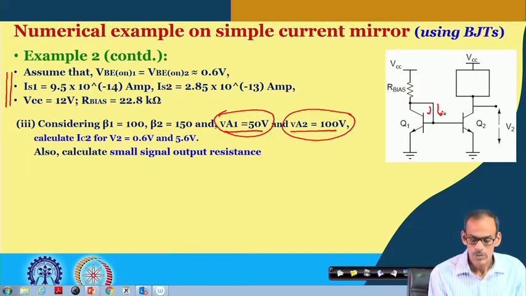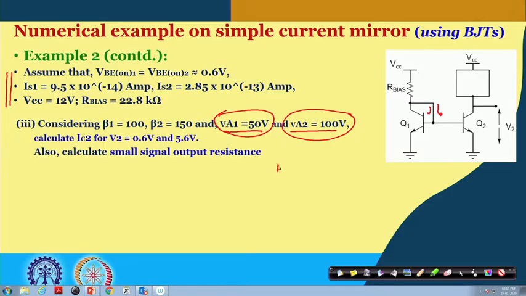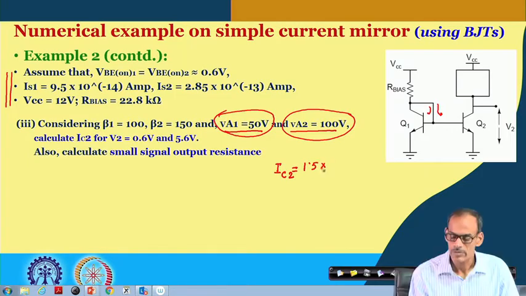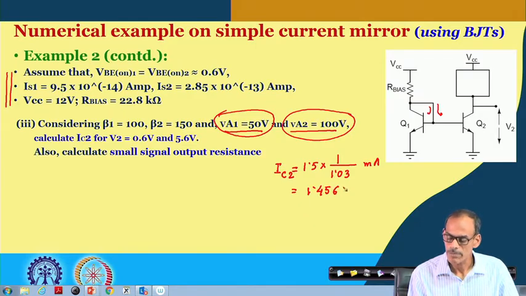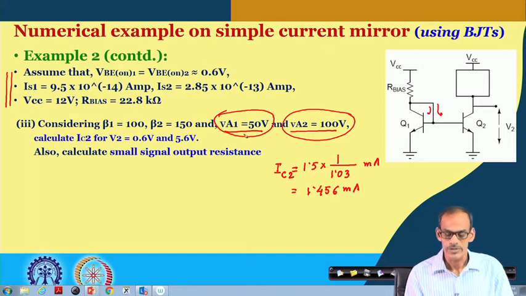So, we already got IC2 equals 1.5 multiplied by 1 by 1.03, which is equal to 1.456 milliampere without considering this early voltage.